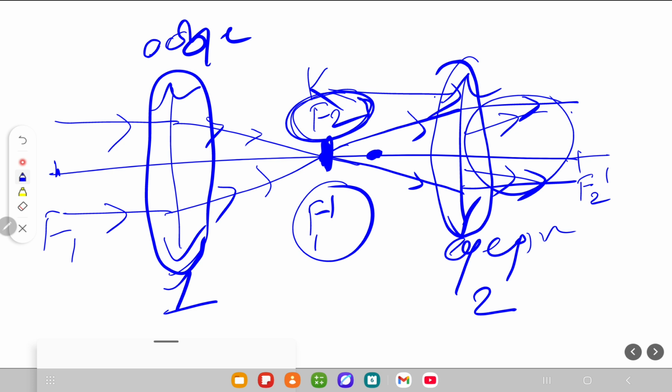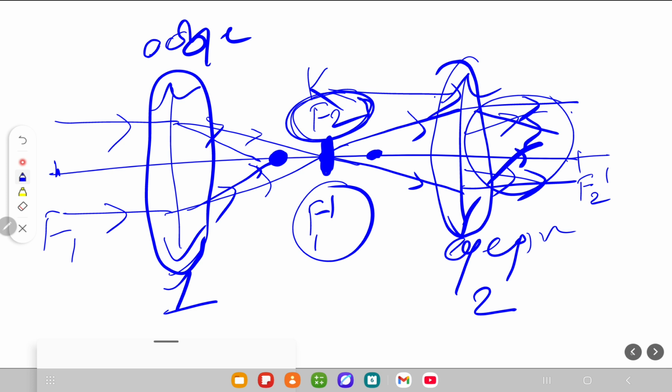If the primary focal point of the second system is here and the light falls here, for example the object falls here and the light converges, then the exiting light would be converging, isn't it? This is the simple thing, don't you think so?